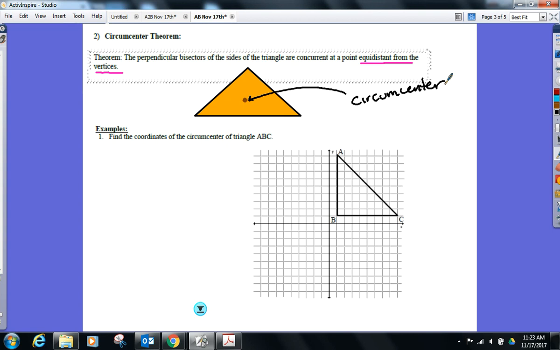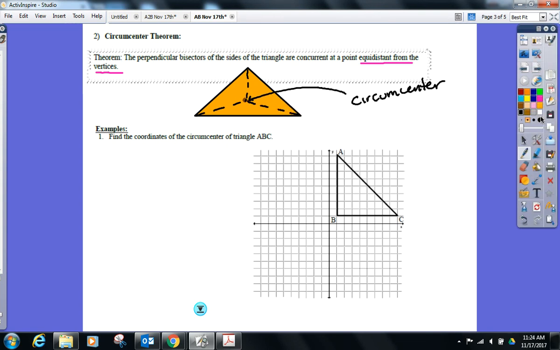What does this theorem say? From that point, please draw a line segment to every vertex of your triangle right now. Please draw a line segment to every vertex of your triangle from the circumcenter. This new theorem says the following.